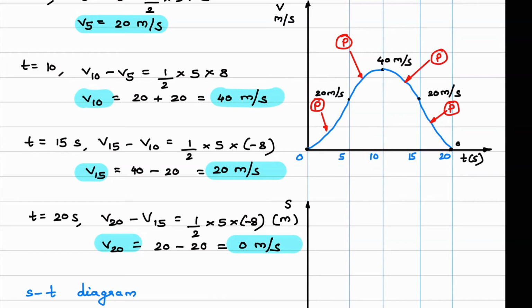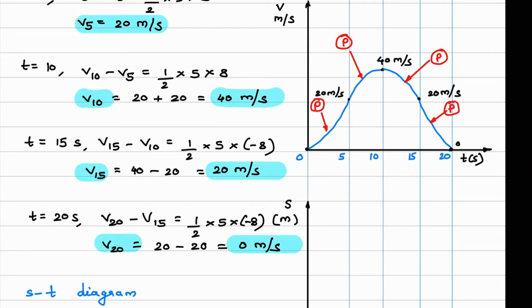Now after calculating S5, we have to calculate S10. So what we will write? Change in displacement S10 minus S5 is area under VT diagram, so this curve. So this area we have to consider, which will be area of rectangle plus area of this as shown by hatched line.